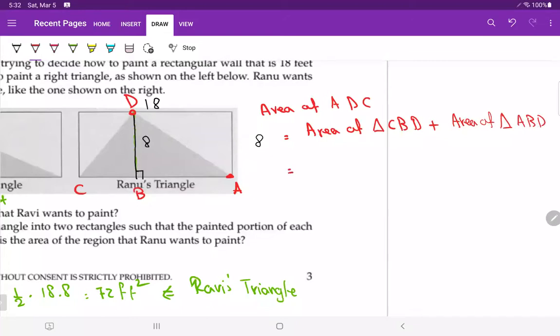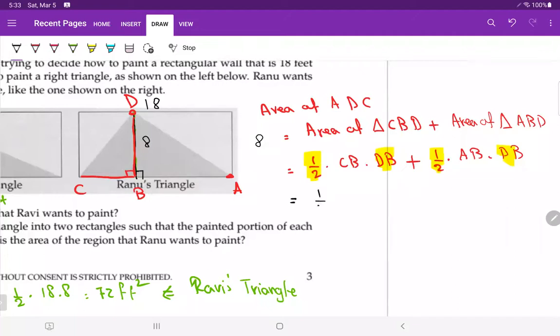And we use the formula that we know. The area of CBD is this guy times this guy times half, so half times CB times DB, plus the area of the other triangle, half times AB times DB, right?